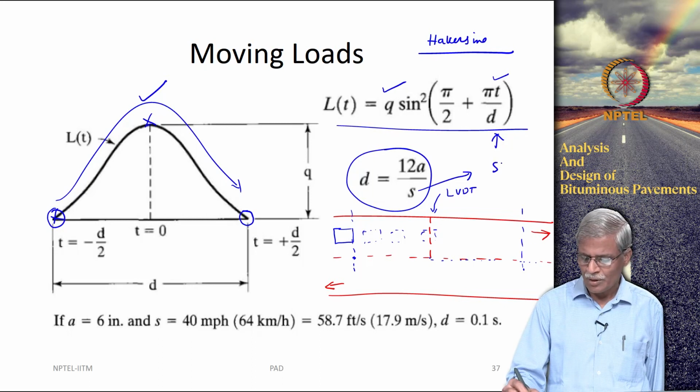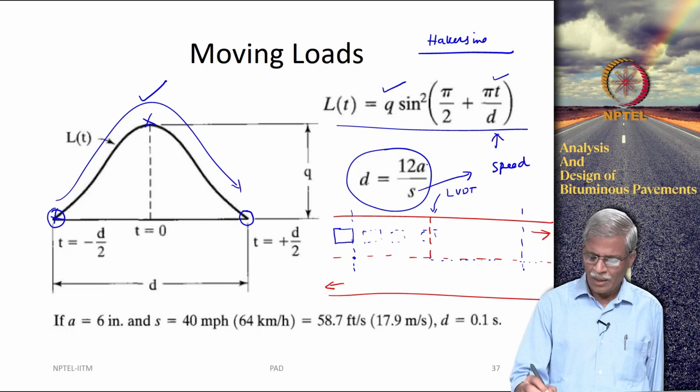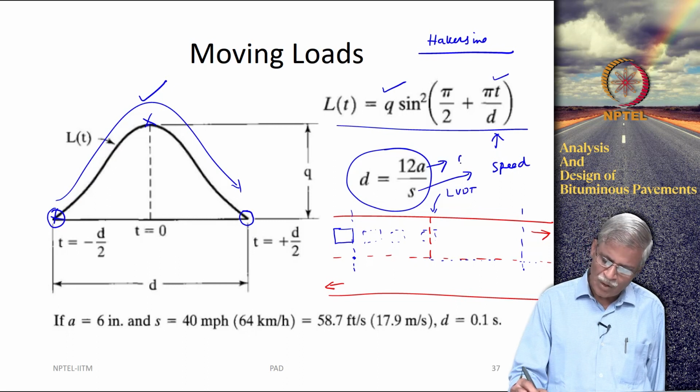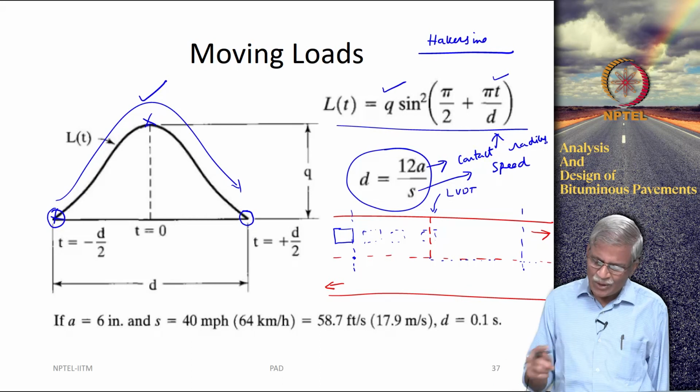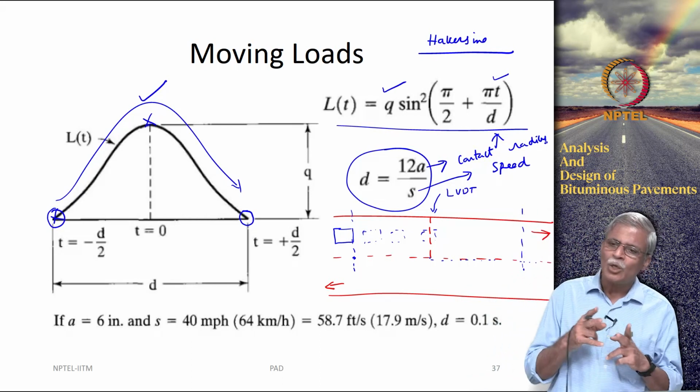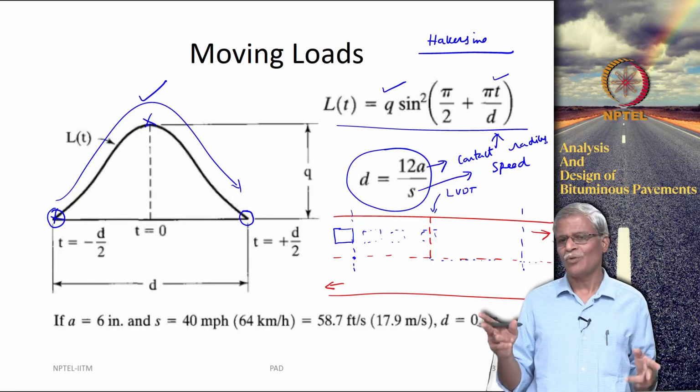So, this is the speed, and this is basically the contact radius of your tire. You can see that this particular distance is 12 times the contact radius of your tire.